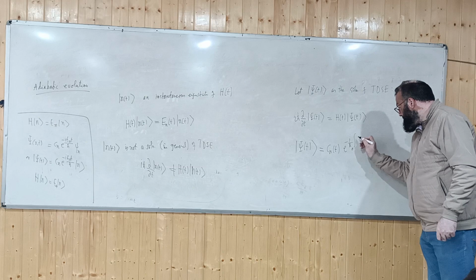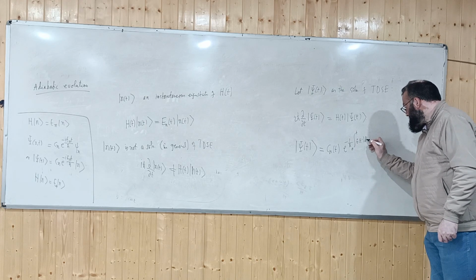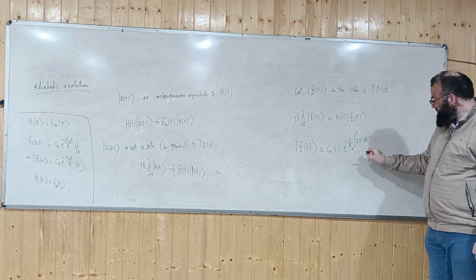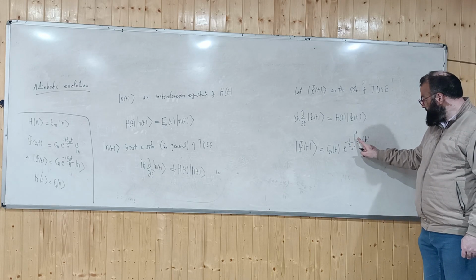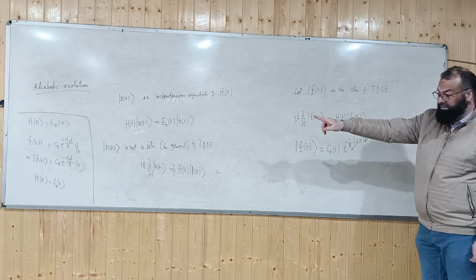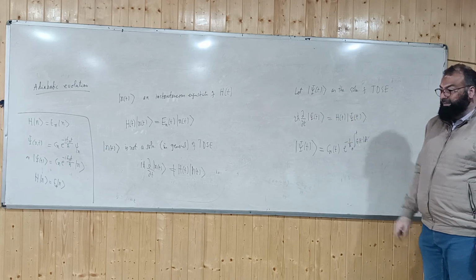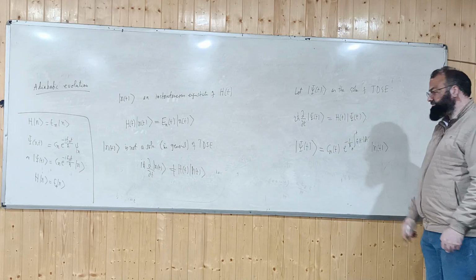Let's say the time of evolution is t, so you will put the integral of E dt'. Let's say E is constant, so you can take it out of the integral; 0 to t of dt is simply t. So it will be minus iEt/ħ. Then I will put this factor |n(t)⟩.